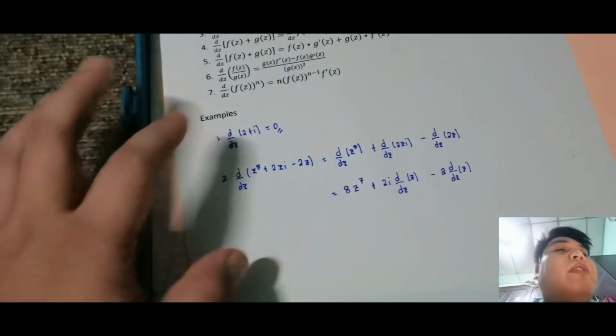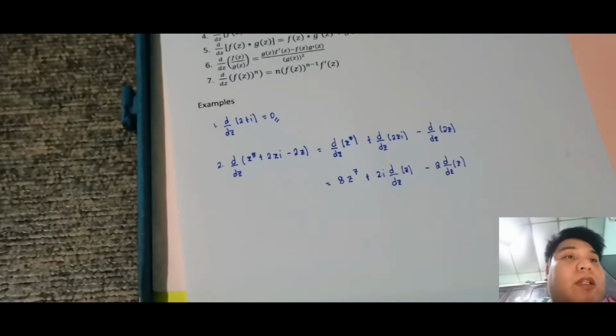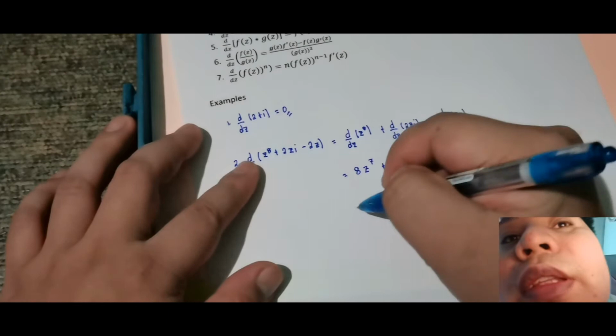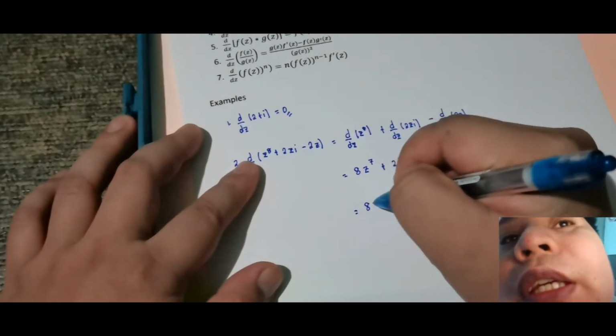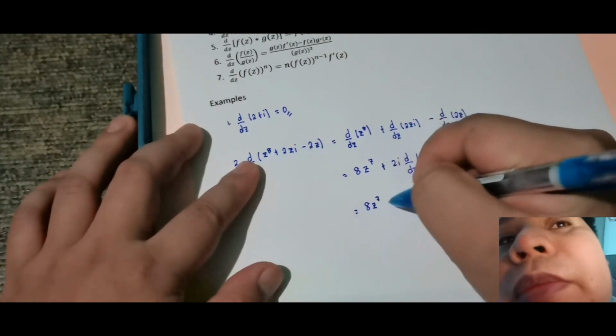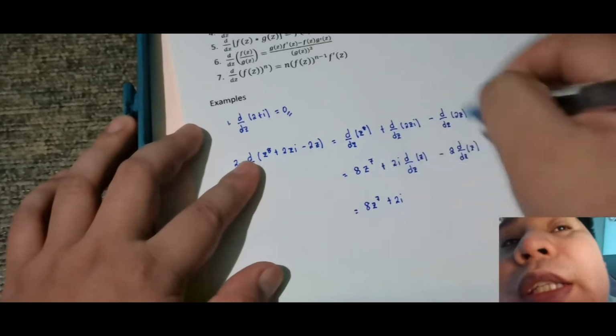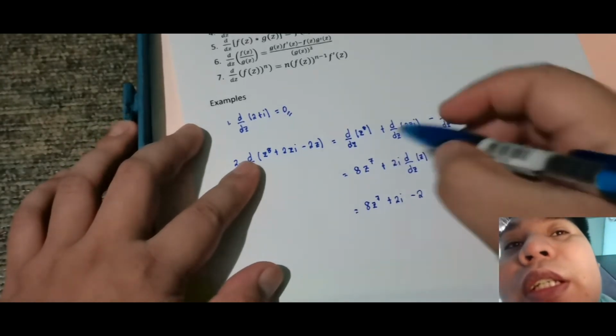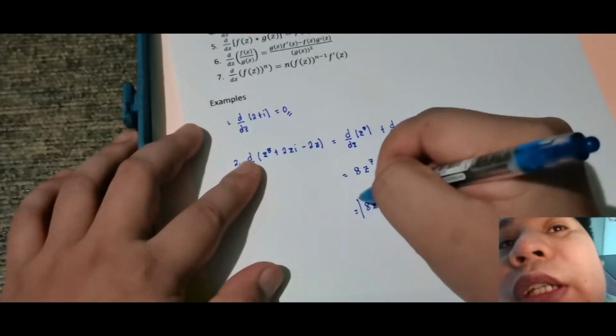Okay, so note that the derivative of z with respect sa z is 1, the derivative of z with respect sa z is also 1. So therefore, this is equivalent sa 8z raised sa 7 plus 2i times 1 is 2i minus 2 times 1 is just 2. So therefore, ito yung kanyang derivative.